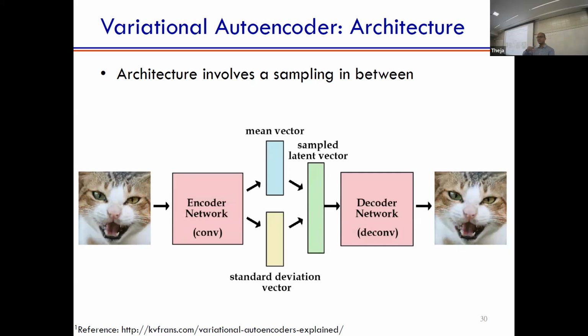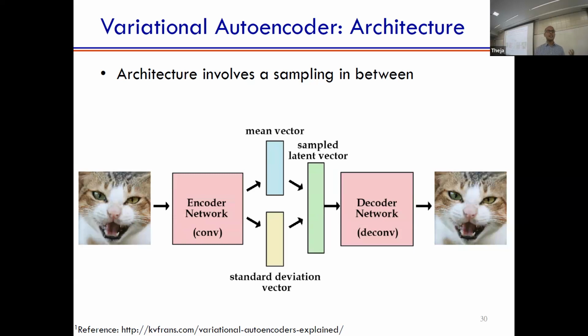You have a normal distribution from which you can sample, and then that sample z you can pass to the decoder. I'll show it in a couple of slides. Once you pass the sample z through the decoder, you can again get a mean and a standard deviation vector on the x space, from which you can sample, and that's your image.